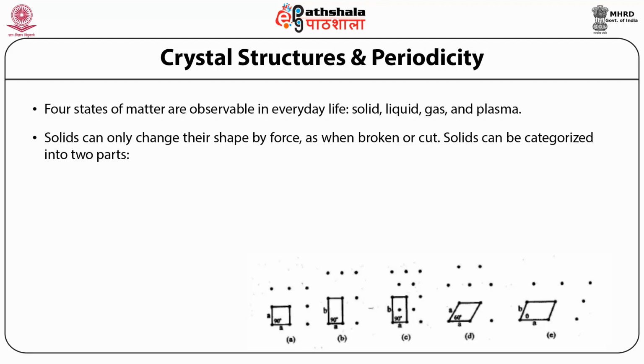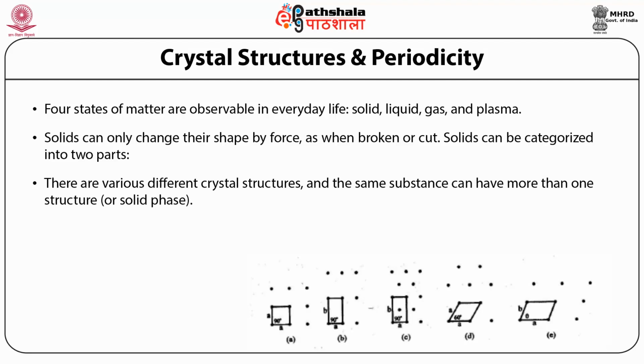Solids can be characterized into two parts. They may be crystalline or amorphous. In a crystalline solid, the particles, for example atoms, molecules or ions, are packed in a regularly ordered, repeating pattern. There are various different crystal structures, and the same substance can have more than one structure.